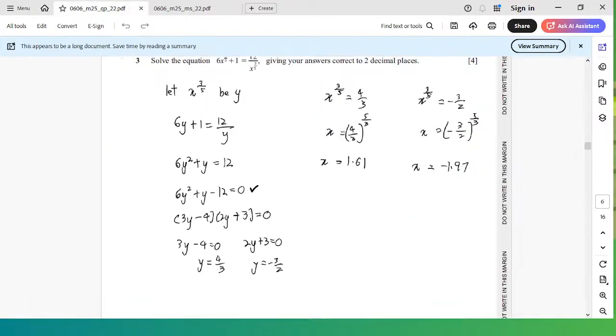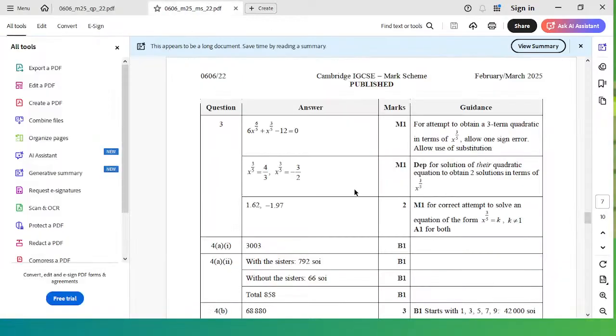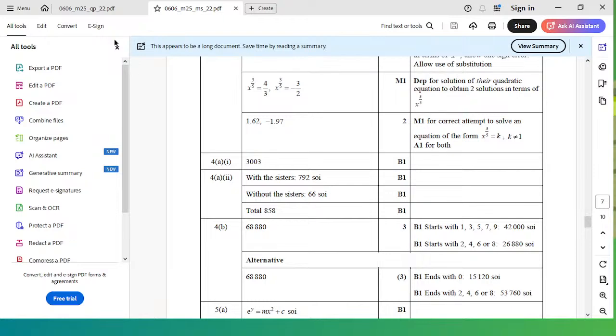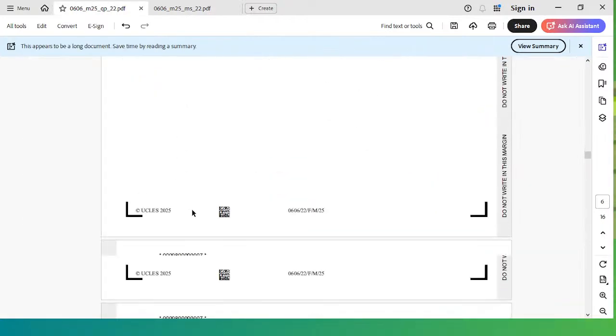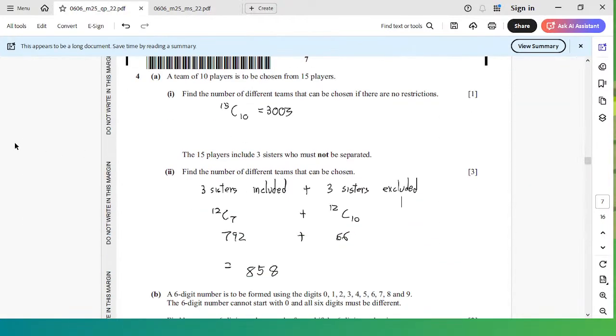So you get to this point, this point, and this point. I believe these are M1, M1, and A2. M1, M1, and A2, yeah. So 3003. Next question, question 4.